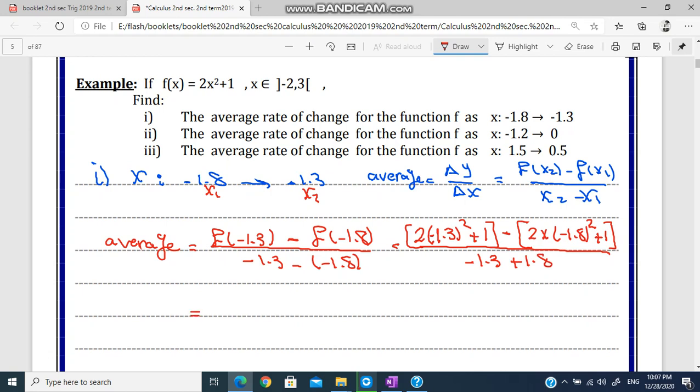I will use the calculator to find 2 multiply negative 1.3 power 2 plus 1 minus 2 multiply negative 1.8 power 2 plus 1 all over negative 1.3 plus 1.8. The result will be negative 6.2.